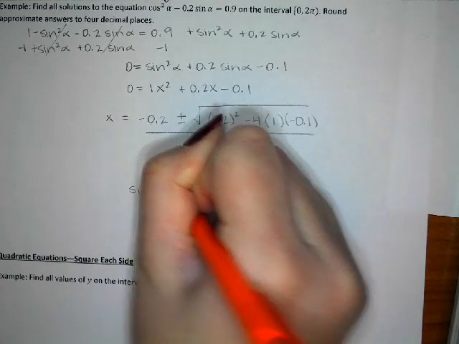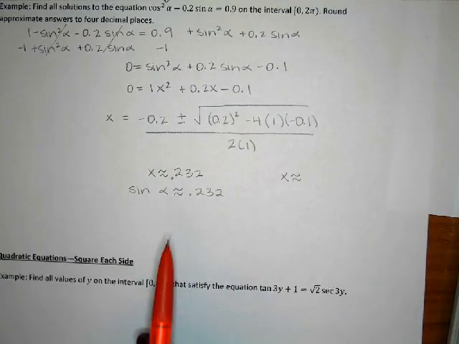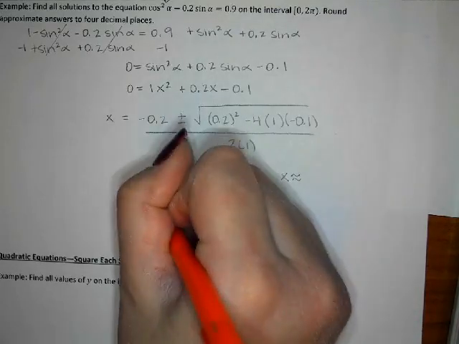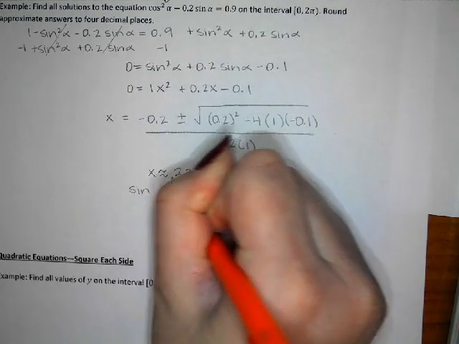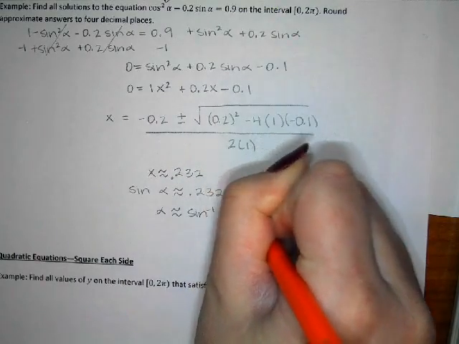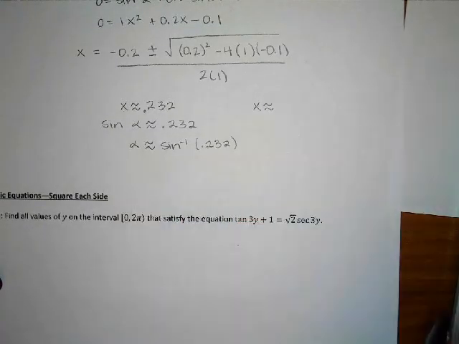So if I want to go ahead and solve for alpha, then I know that alpha is sine inverse of 0.232. And so I'm going to go ahead and solve this. And I have, in my notes, the shortcuts for sine.